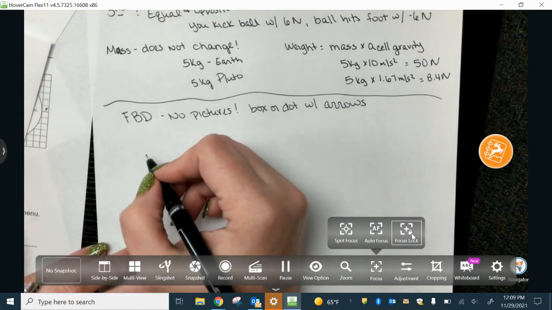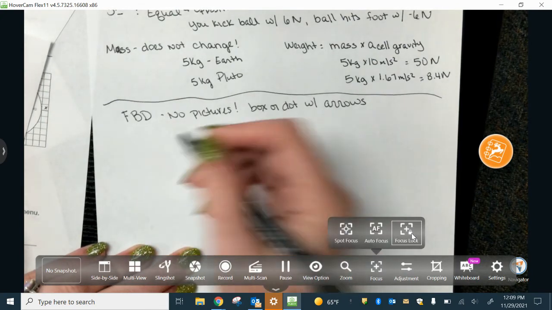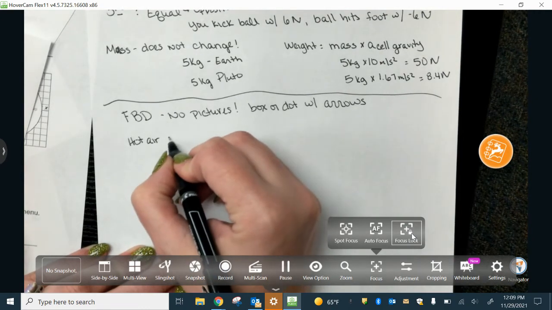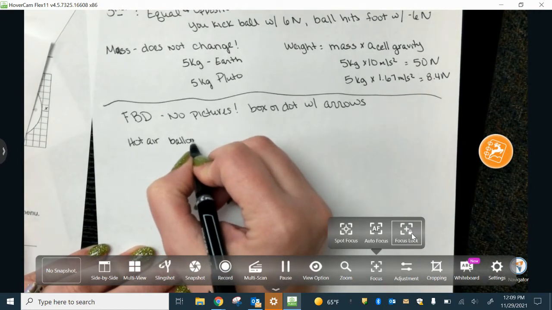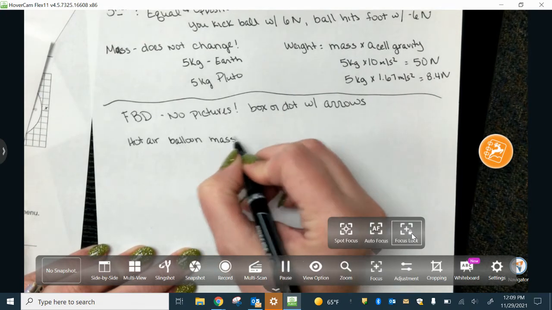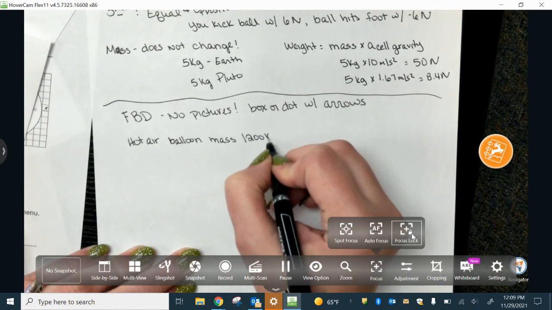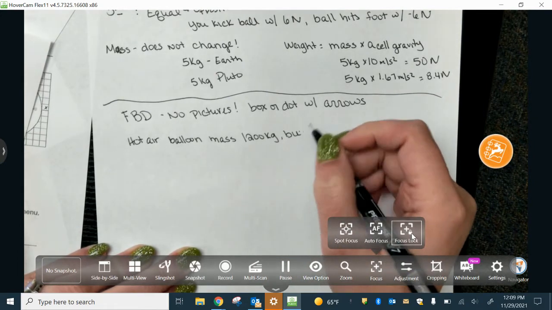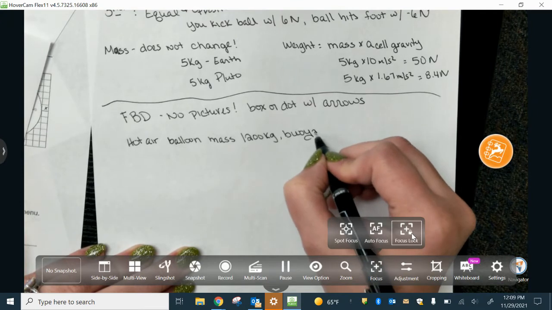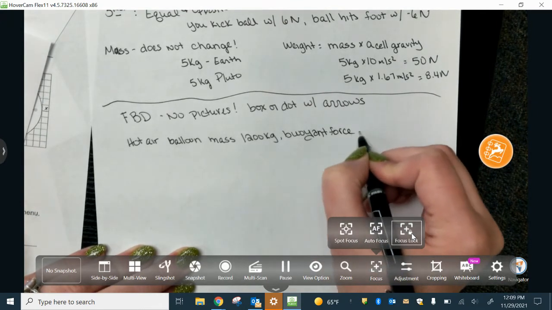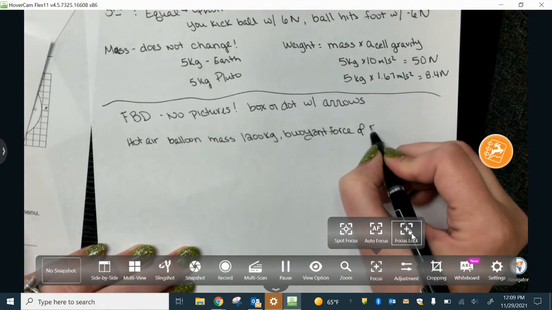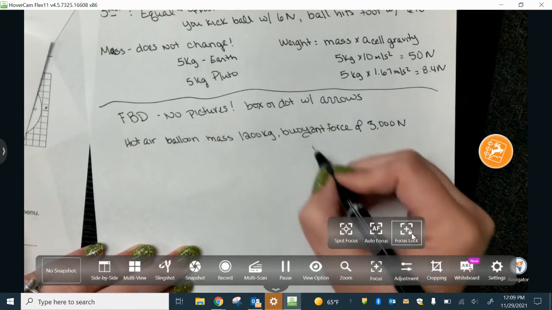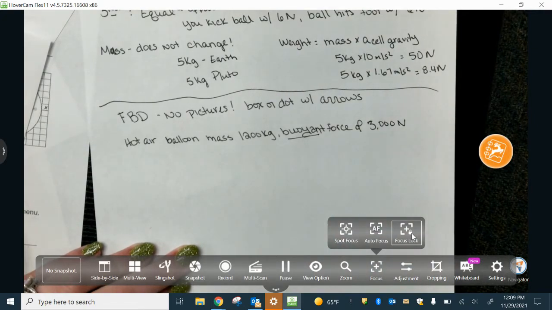And it's going to have a mass of 1,200. Okay, buoyant. To be buoyant means you float. So it's a force upwards.